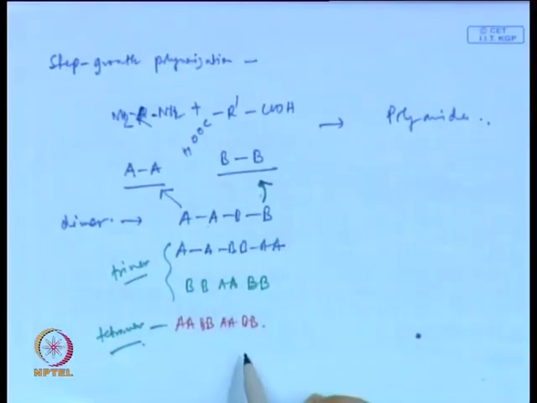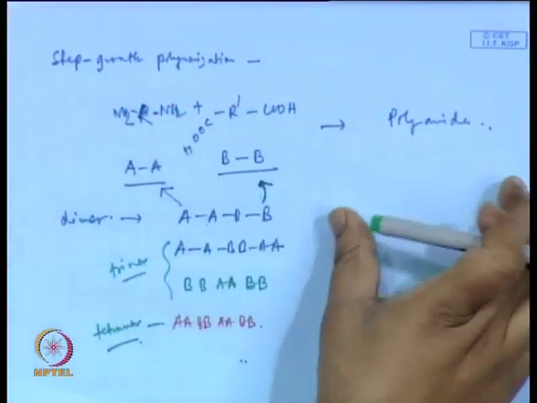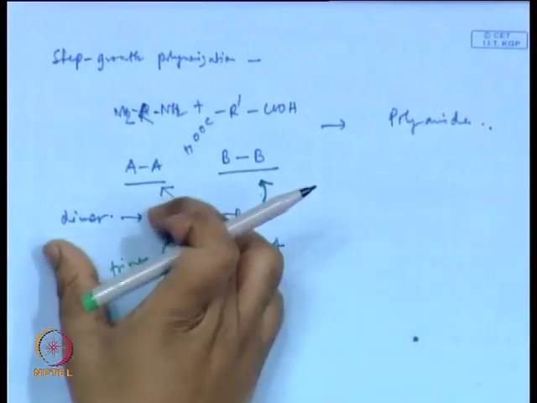In the next class, I will continue with these condensation polymers and talk about the difference between chain growth polymers and step growth polymers. Then the difference in the mechanism of these polymerizations will become more clear.